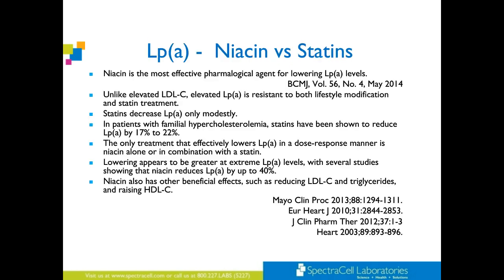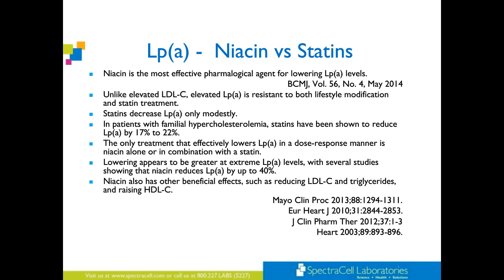You can see here that one of the main markers that SpectraCell looks at with the cardiometabolic, and it's significant in the literature, is lipoprotein A. And this is a highly hereditary marker. This is one that diet and exercise really have little benefit on. Even statins don't have a significant impact on this.